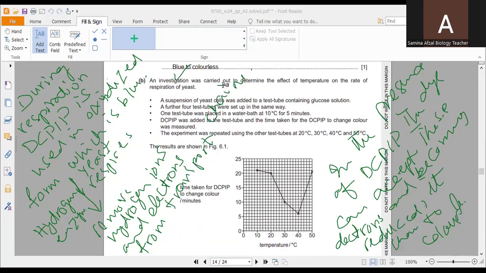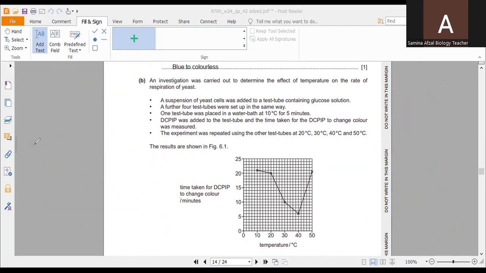And the next question is: an investigation was carried out to determine the effect of temperature on the rate of respiration of yeast. A suspension of yeast cells was added to a test tube containing glucose solution.